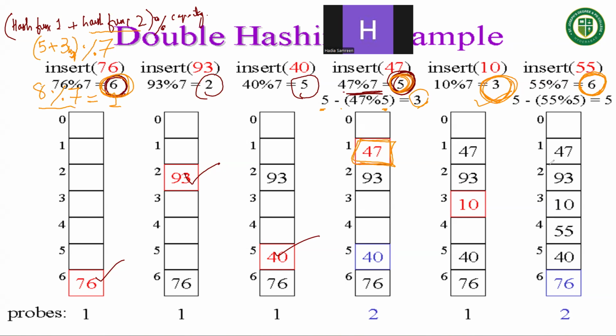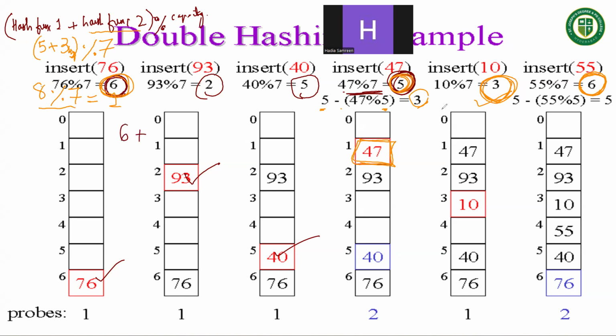Again, for your clarity, see. From hash function 1, we got 6.